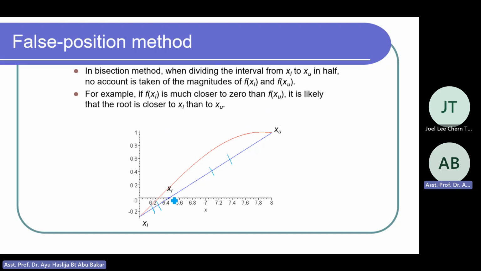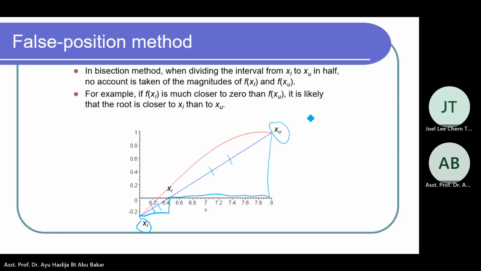In false position, for example, this is the XR, XL, XU. The assumption for false position is that the gradient from XU to XR and XL to XR is the same.